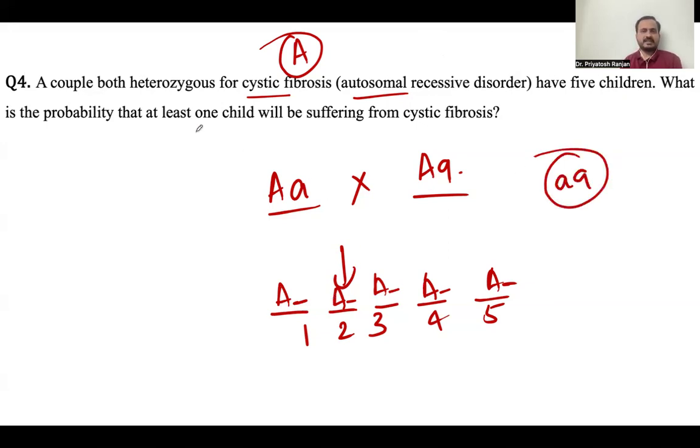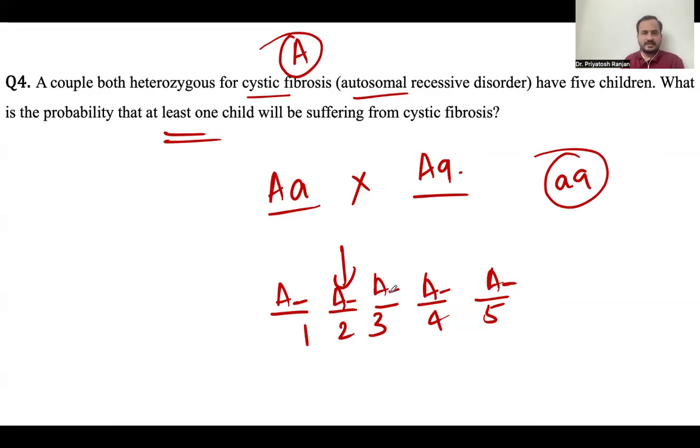What they have asked is at least one child. At least one child could mean more than one; it is possible that even all five might be carrying the cystic fibrosis genotype.